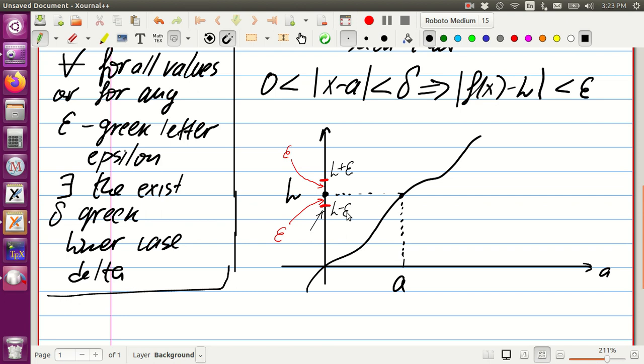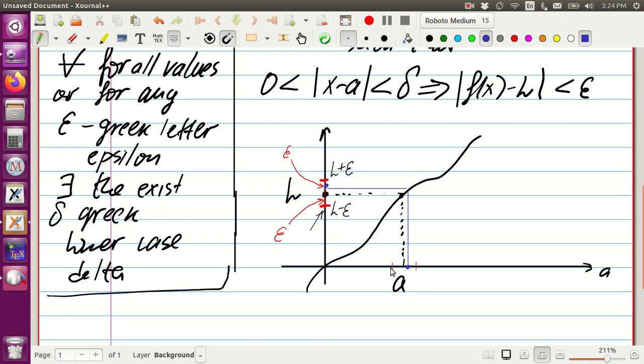You created this epsilon and this interval around L. So you want to be that close to L. And my task is to provide you the interval around a, such that when you pick any point over here and come down over here by using your function, this point will be close to L.